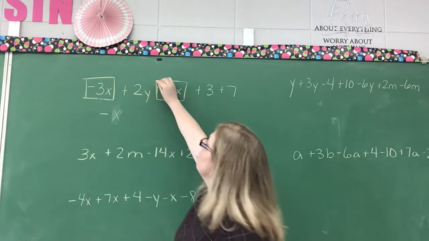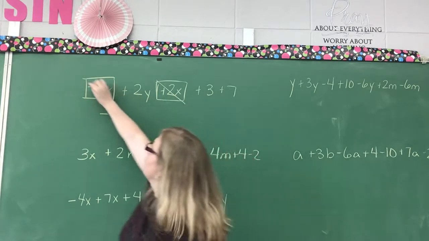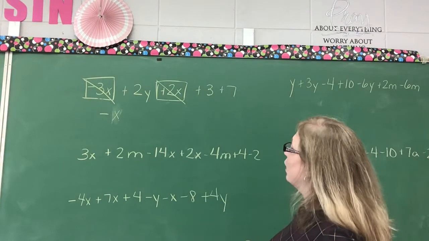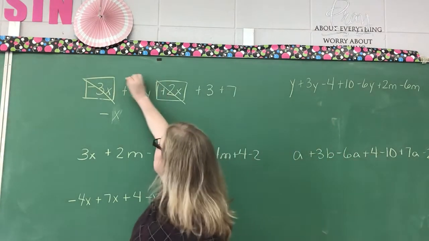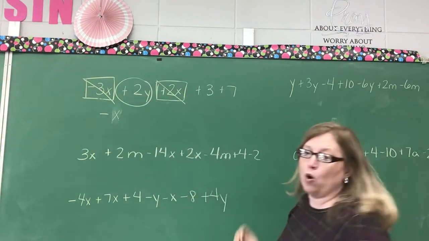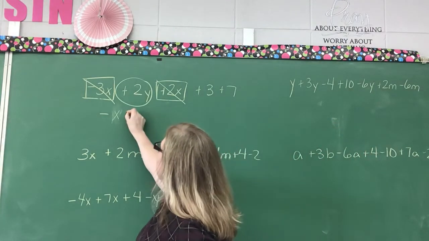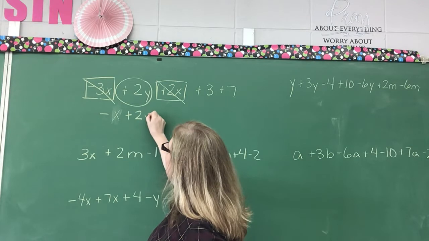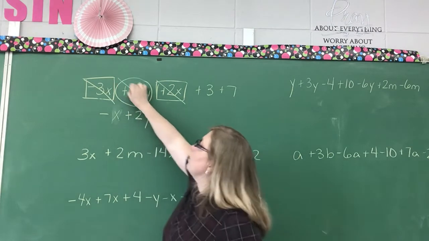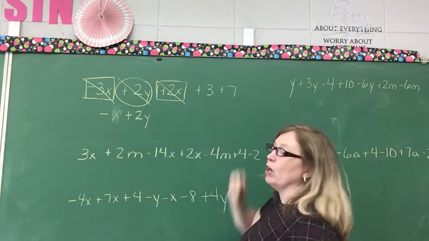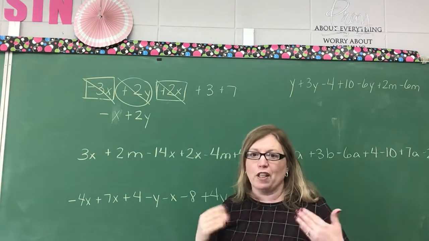Now, I've used this one, so I'm going to mark a line through it. Now I'm going to say, are there any other letters? Well, there is. There's the letter y, okay? Here's the y. There are no more y's. So I'm simply going to bring that one down and put plus 2y. I've used that one, so I'm going to draw a line through it. All I have left now are my constants, or in other words, the numbers.